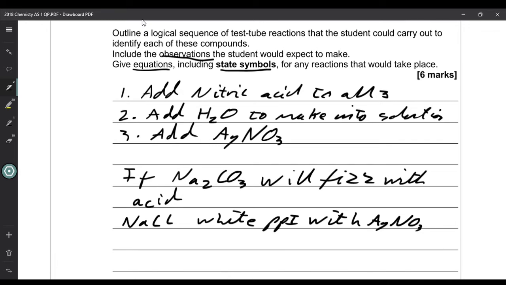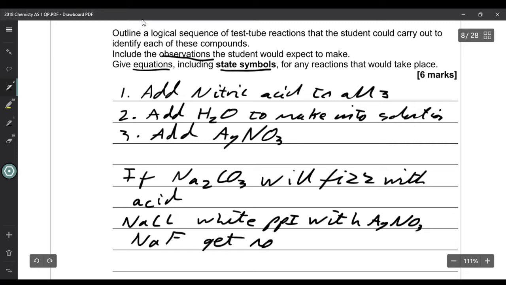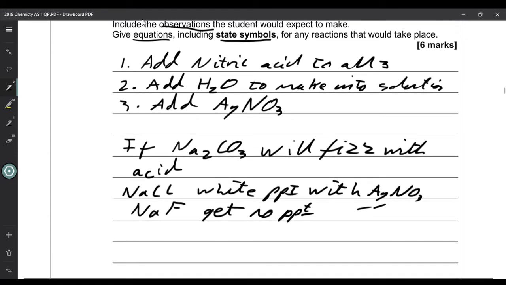And if it's NaF, we won't get a precipitate with the addition of silver nitrate. Okay, so 3 steps, we should be able to identify them.